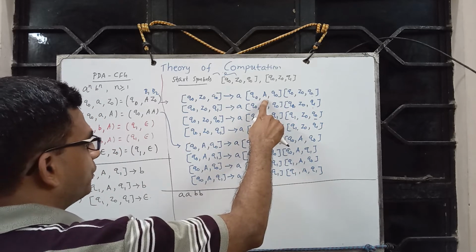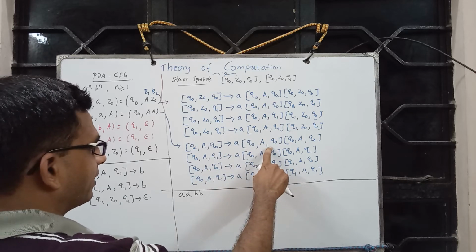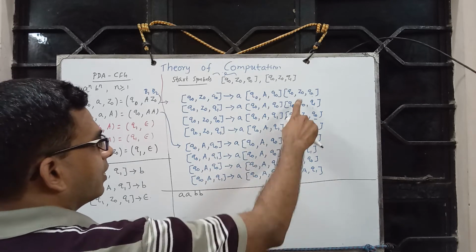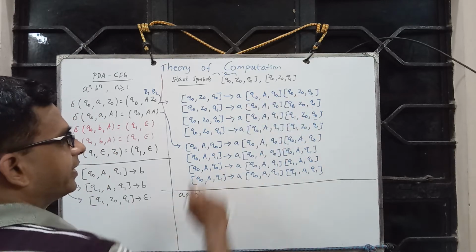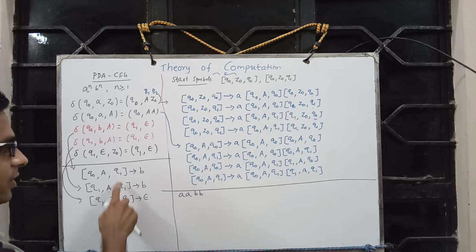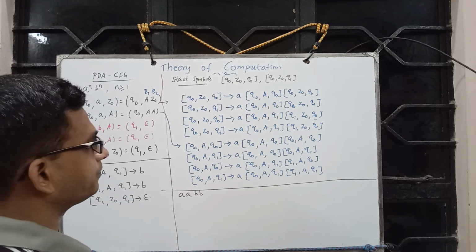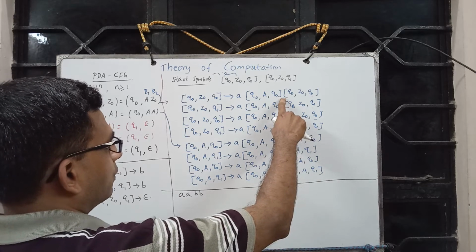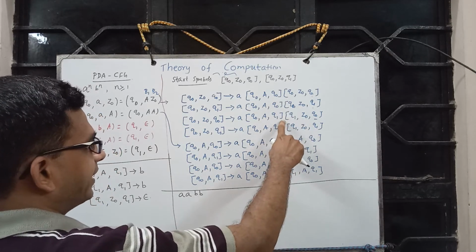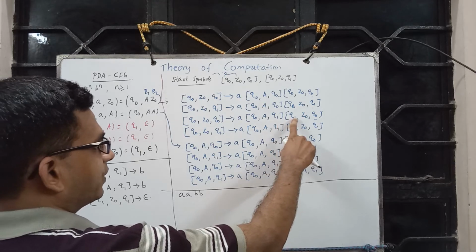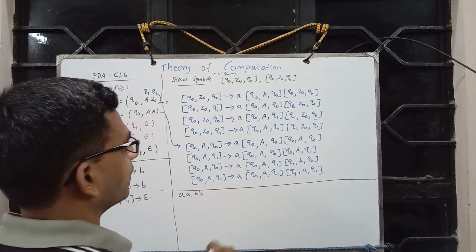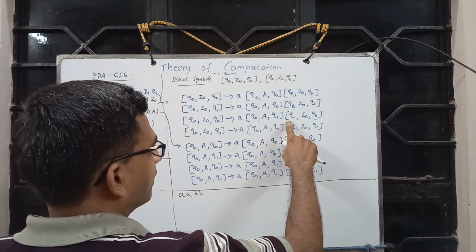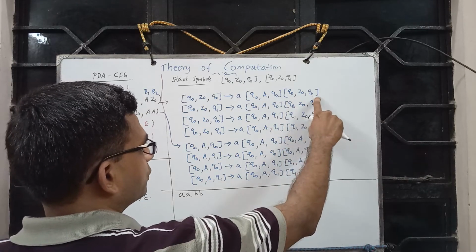Now for this you can take this or this. And what about q0 Z0 q0? For this we need a terminal, but is it defined here? No. So instead, supposing I take this, now for this, is it defined? It says q1 Z0 q1. You realize that for this it is not defined, for this also it is not defined.